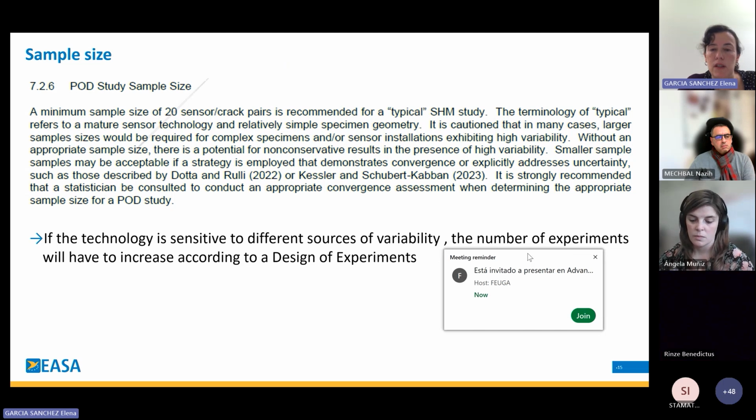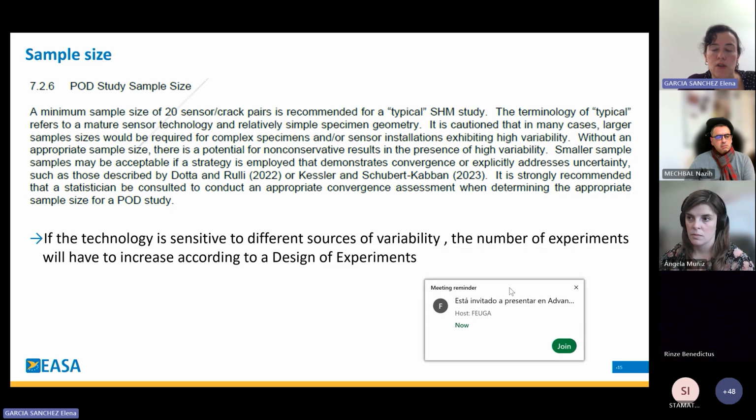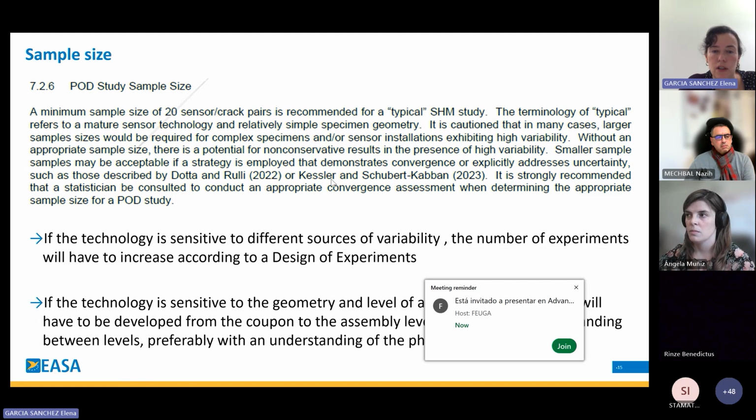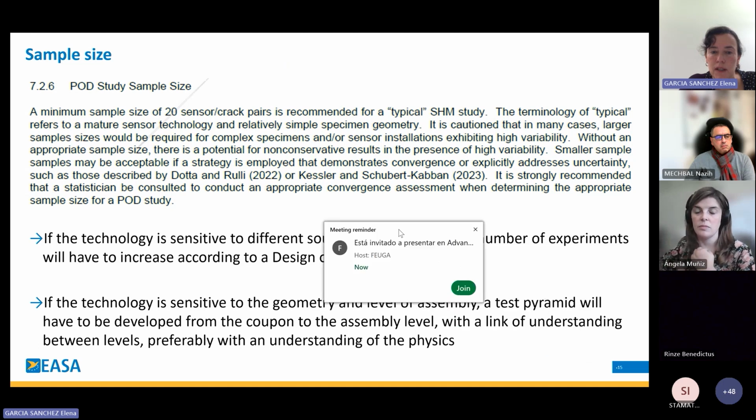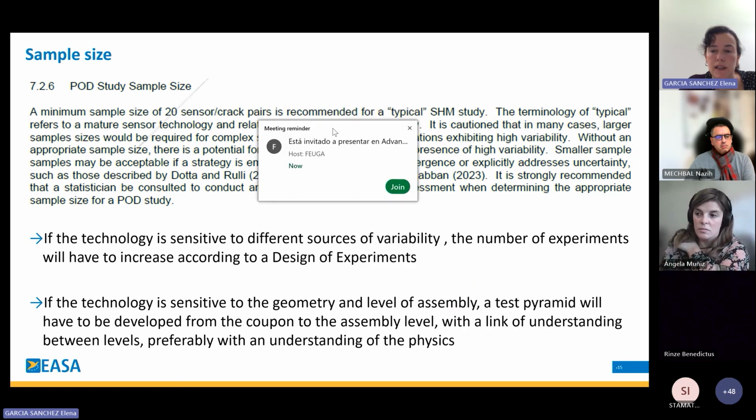If the technology is sensitive to different sources of variability, the number of experiments will have to increase. And also if the technology is sensitive to the geometry and the level of assembly, a test pyramid will have to be developed to the coupon to the assembly level with an understanding between levels, preferably with understanding of the physics.